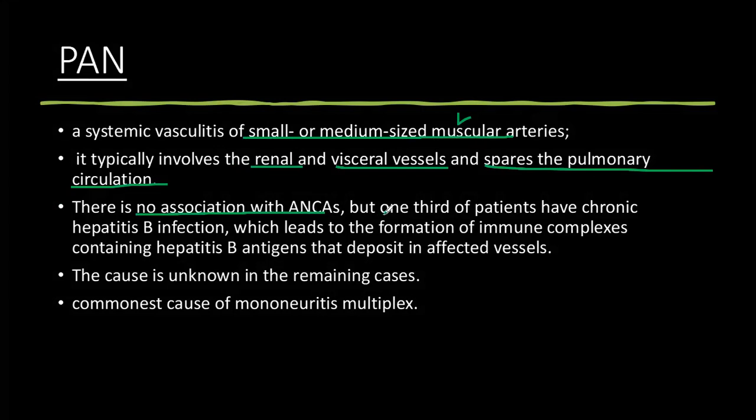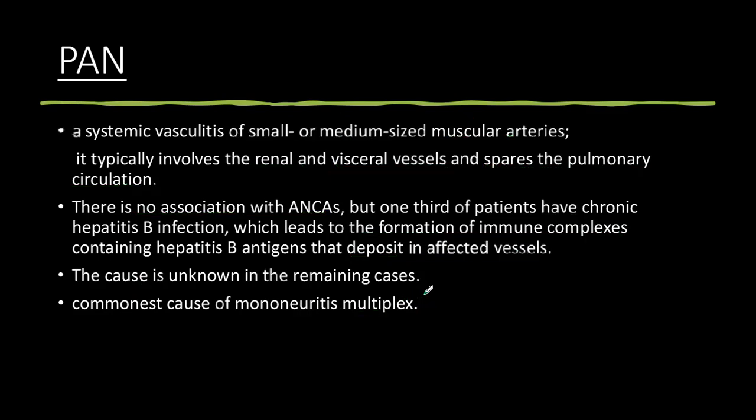In 30% of the patients, they have chronic hepatitis B infection, and this will lead to the formation of antigen-antibody immune complexes, which are deposited in the affected vessel, okay? In the others, the cause is unknown. Polyarteritis nodosa is the commonest cause of mononeuritis multiplex. That can be a very good MCQ.